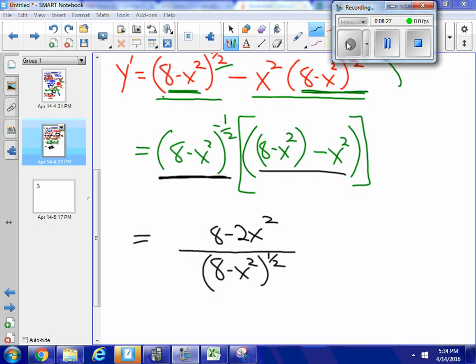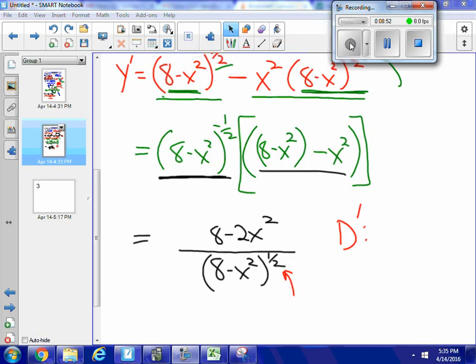Now I'd like to find the domain of the derivative. I'll call that domain prime, even though that's probably totally unorthodox. My numerator is a polynomial, so I don't need to worry about that. I do have a denominator with a variable in it, which is the same thing as a radical sign with an even index.